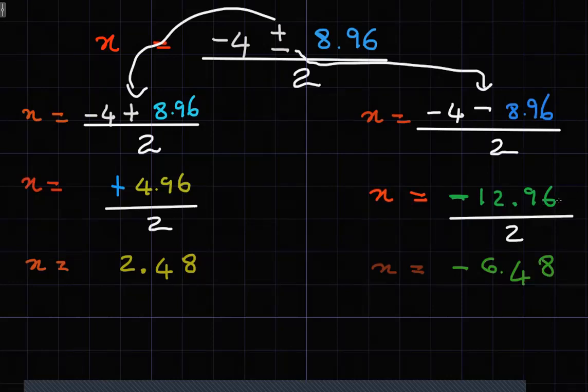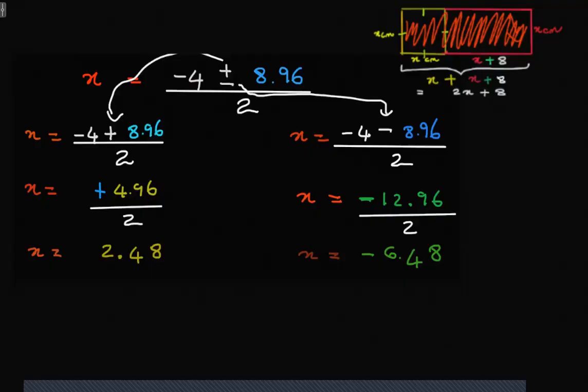So we have got 2 answers for x, but are both of these answers valid? That's the question we've got to check. All right, let's check it. How do we check whether both these answers are valid? Check what x is. X is a width. Can a width take a negative value? Not only width, anything that is measured in centimeters, can it take a negative value?